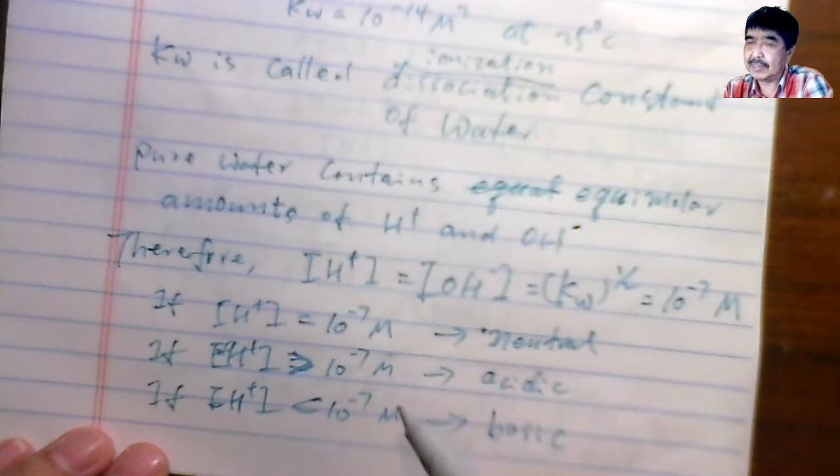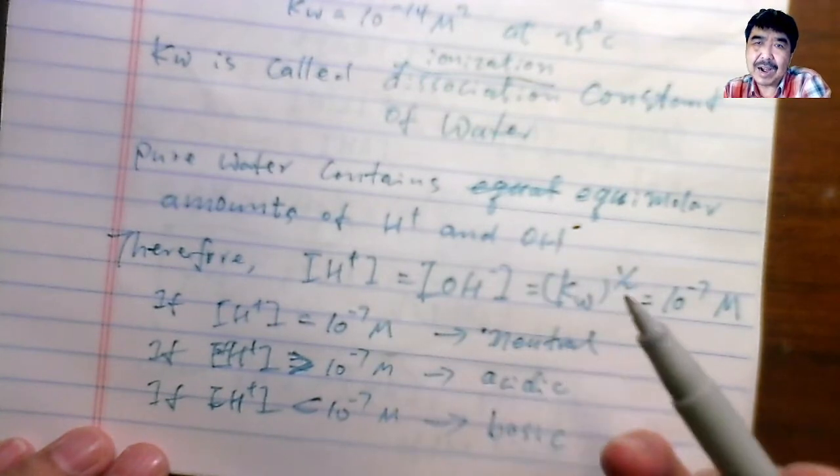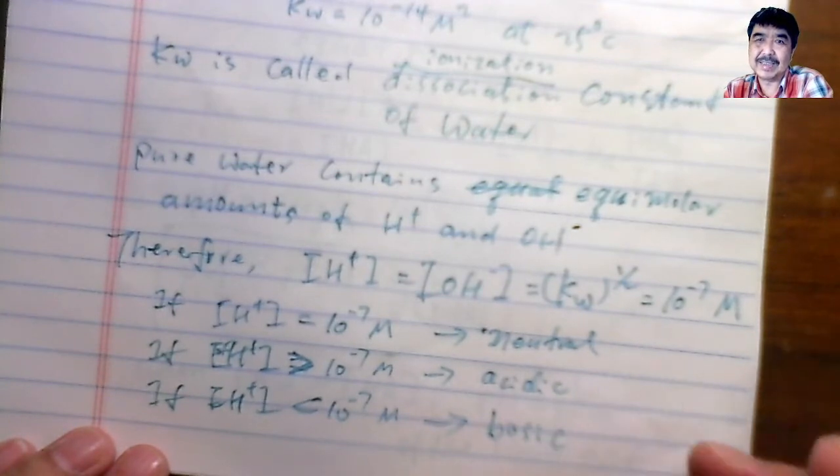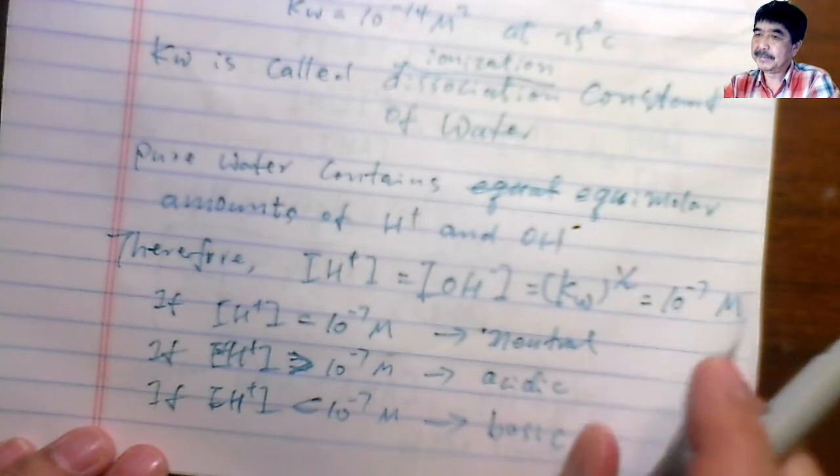In this case, the proton concentration is higher than the hydroxide concentration. If the proton concentration is smaller than 10 to the minus 7, this is basic. In this case, the hydroxide concentration is larger than the proton concentration. It's a basic solution.